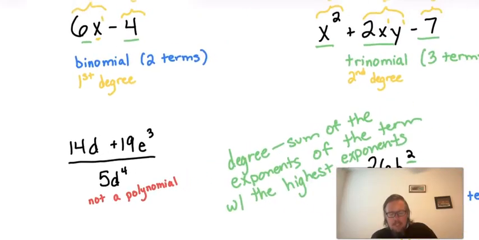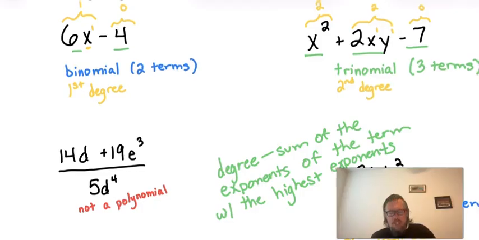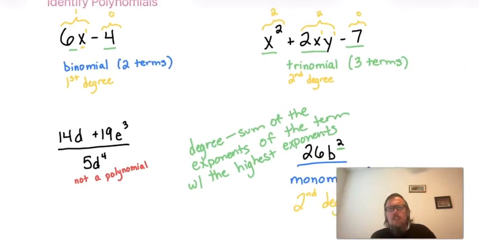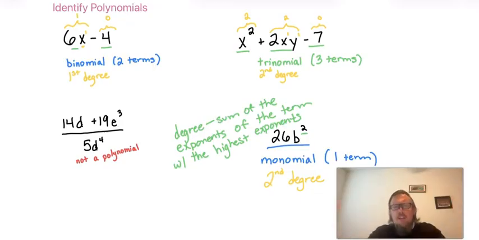And the reason it's not a polynomial is because a polynomial cannot have division of a variable. You'll notice that none of our other polynomials, the monomial, binomial, and trinomial, had variables in a denominator, and this one does.